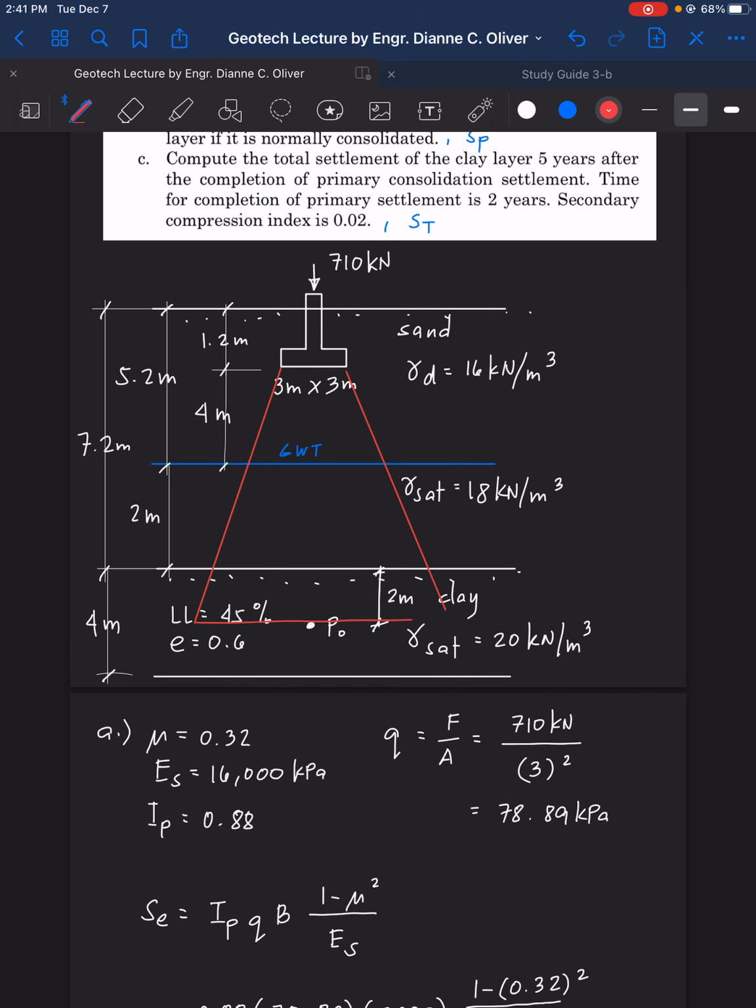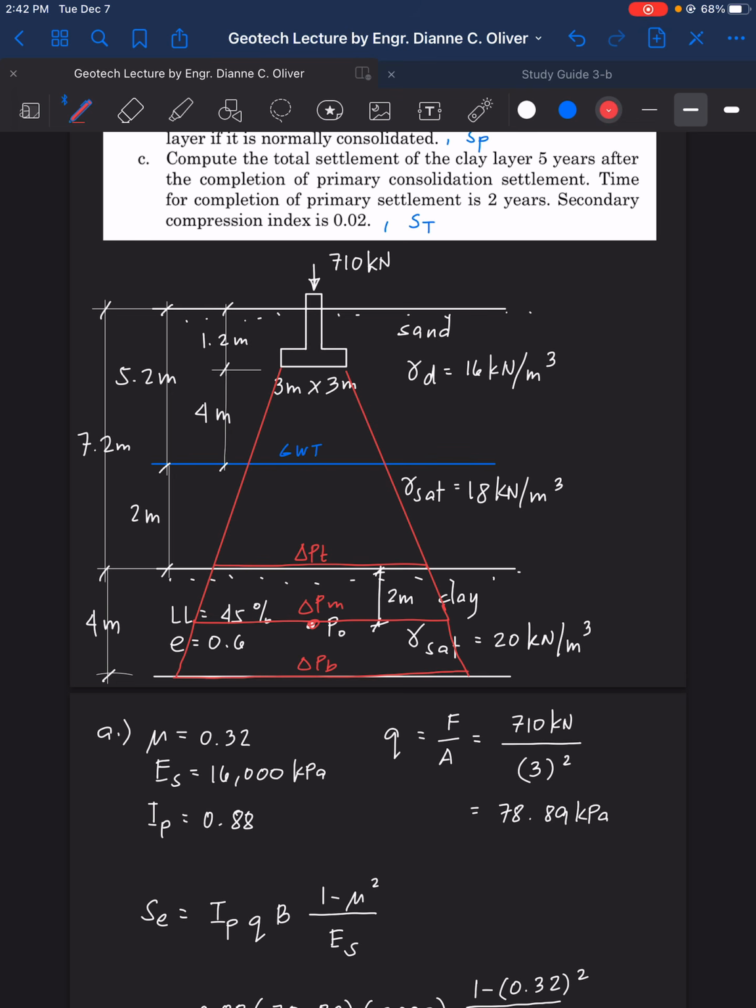There we go. This is the extension. This becomes the delta P top of the clay, this is the delta P middle of the clay, and this is the delta P bottom of the clay.